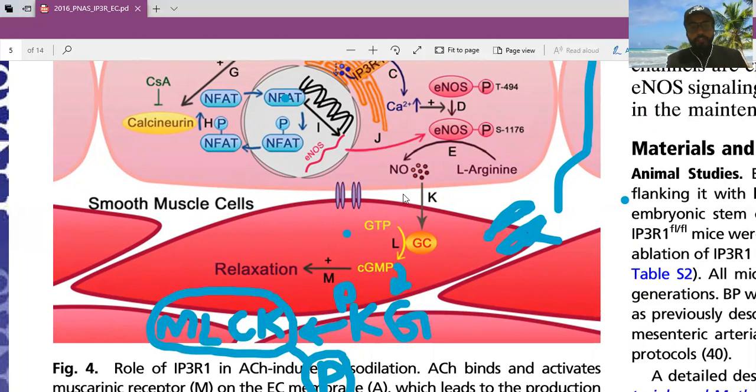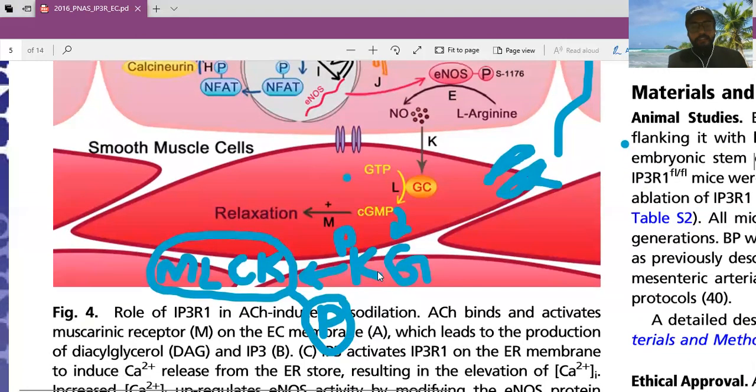So the nitric oxide also activates guanylyl cyclase. It is basically an enzyme, and this guanylyl cyclase will convert GTP into cyclic GMP, and this cyclic GMP then will activate protein kinase G, which is also present in the smooth muscle of the blood vessel, and this protein kinase G then causes the phosphorylation of myosin light chain kinase.